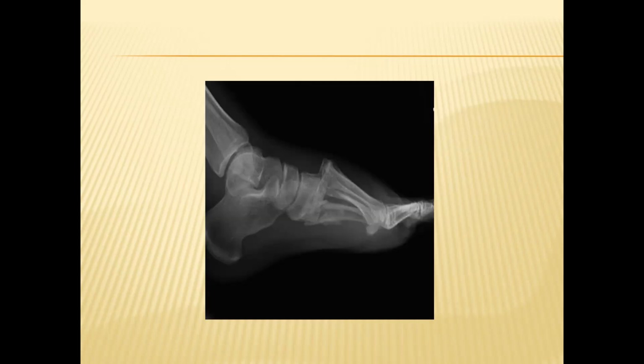So all types of fractures in the lower limb can be open fractures or closed fractures. In the ER, if we see an open fracture, we should irrigate the wound properly. We should do pain management.